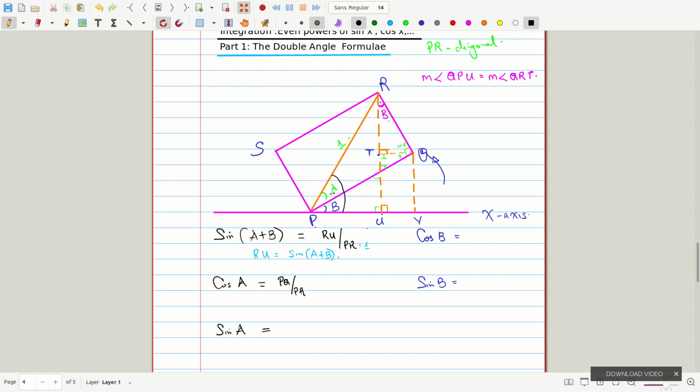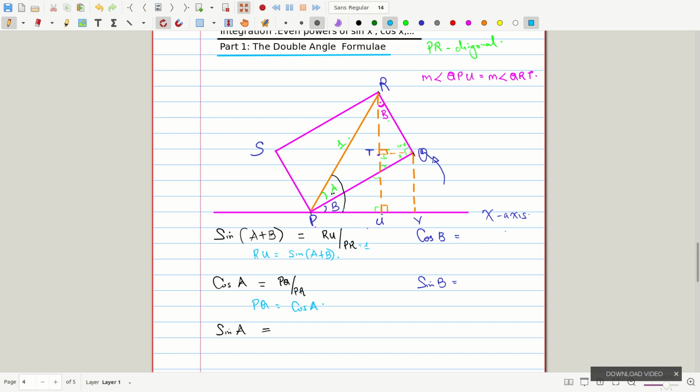Again, we know PR is the diagonal of unit length, and so here we also come up with the result that PQ equals cos A. In the same way, you please notice the cosine of this angle here B.